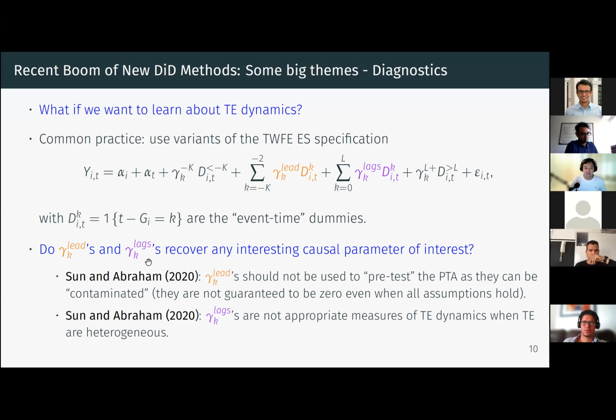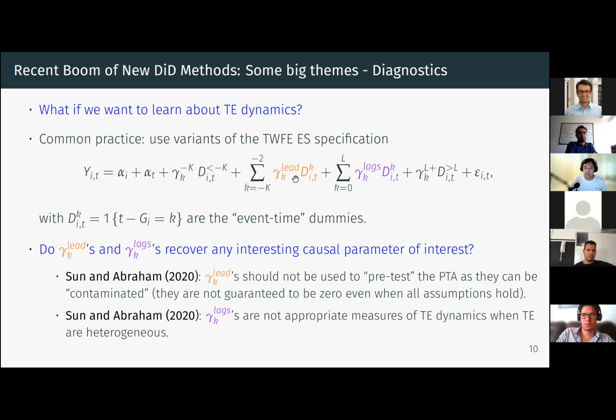For me, the biggest message of Sun and Abraham is that the gamma_k leads, the pre-treatment coefficients, are contaminated with post-treatment coefficients. So even when I have no treatment effect whatsoever before treatment takes place, I have parallel trends, and I also have no anticipation, these gamma_k leads can be non-zero, because they are contaminated with the post-treatment period dummies.